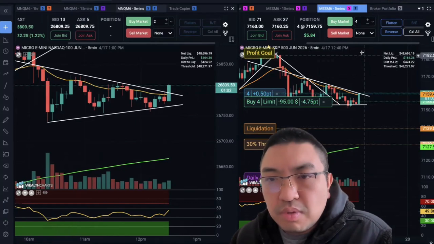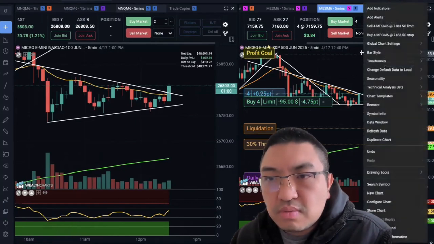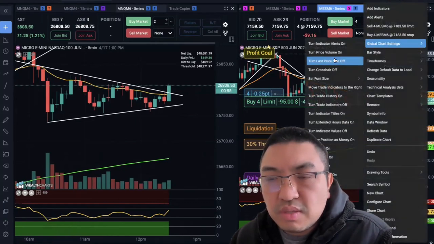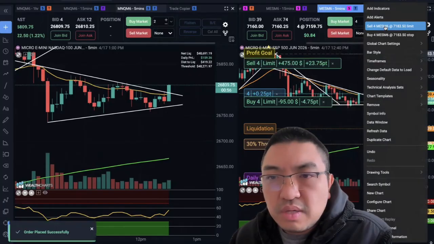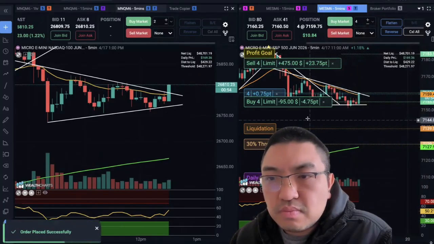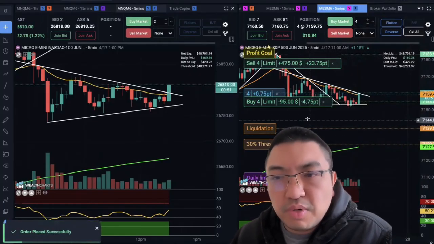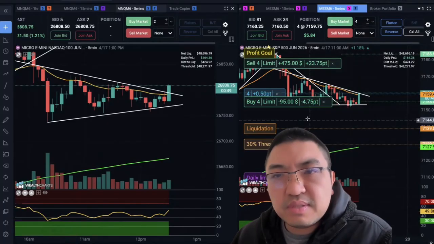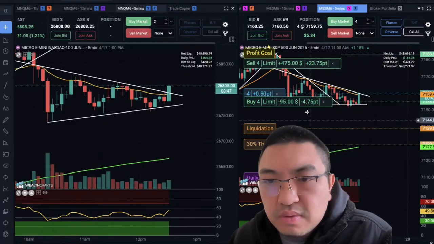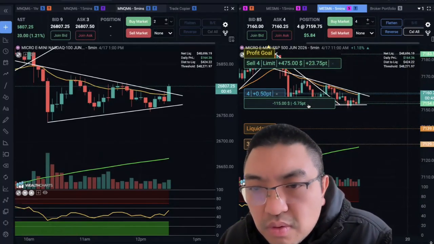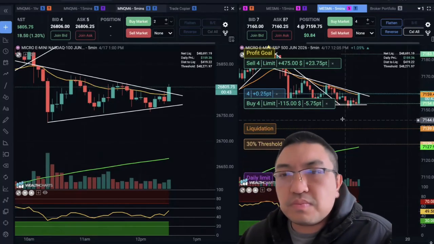You retest the order block. So sometimes see if you can arrive at here. Sell. Let's see. It breaks. Eventually breaks. Oh, this one.